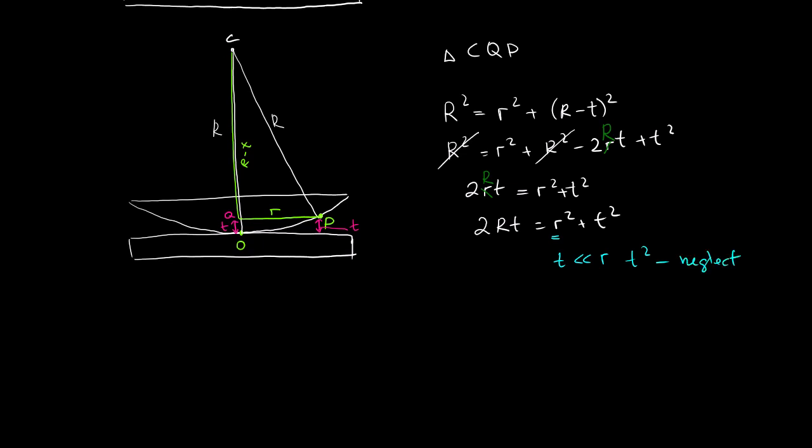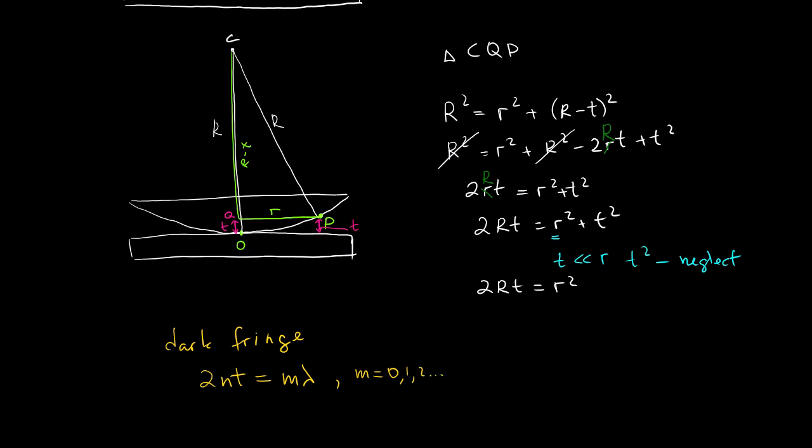So I can rewrite my equation as 2Rt equals little r squared. Now for a dark fringe, we know that 2nt equals m lambda. Check the video on thin film interference if you are not sure where this is coming from, where m equals 0, 1, 2, and so on.